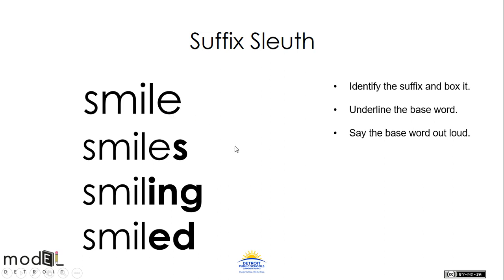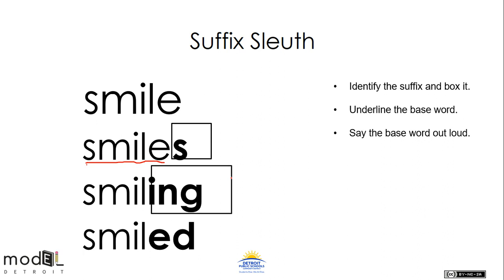Let's try another one. Let's box the suffix, and now we're going to underline the base word. This base word says smile. It looks just like the first word. Smile plus S equals smiles. Let's try the next one.